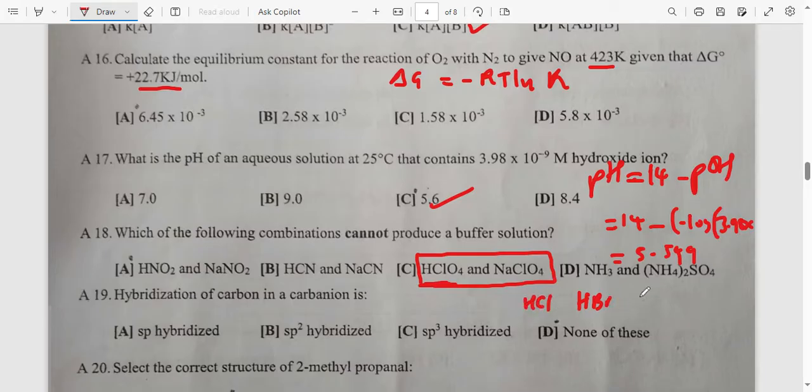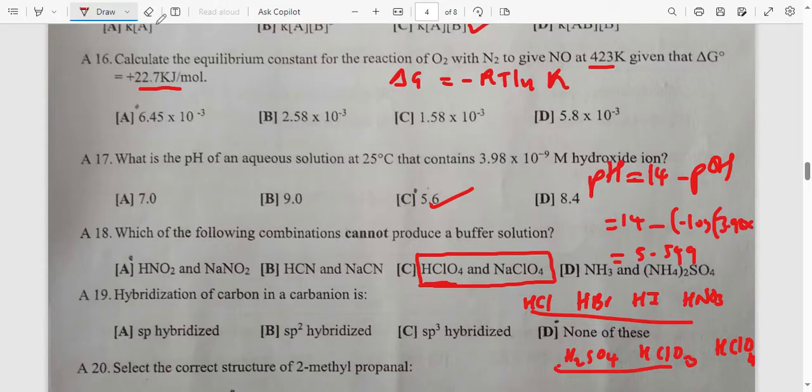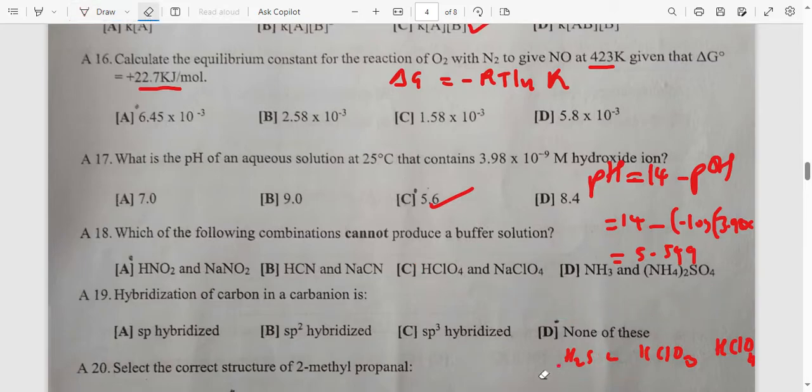And then you have hydroiodic acid, nitric acid, sulfuric acid, and also chloric acid, HClO3, and perchloric acid, HClO4. When you just see these, they can't form buffers because they are strong acids. A buffer should be made up of a weak acid and its conjugate base, even without looking at other options. Okay.